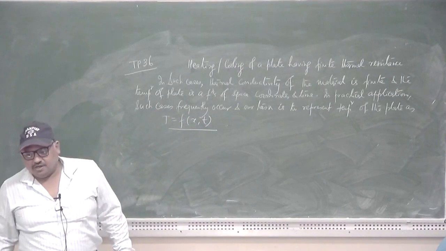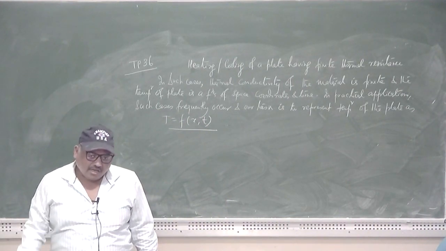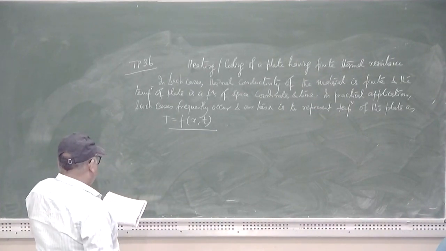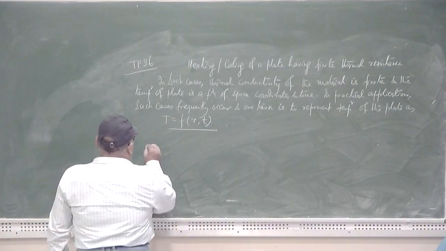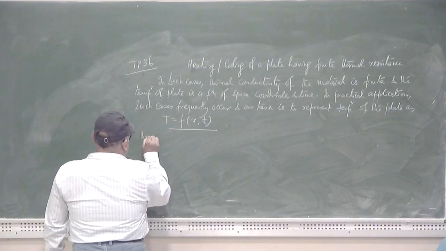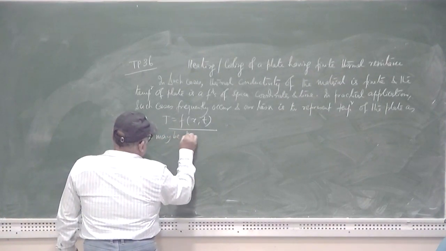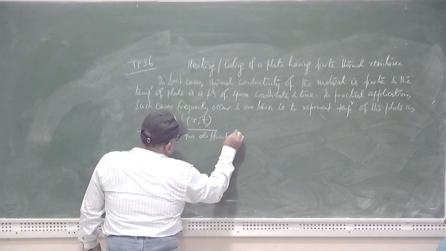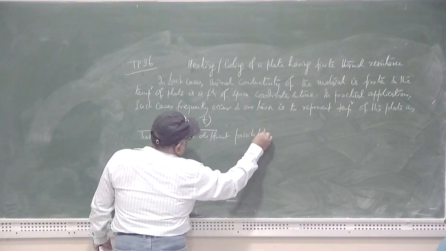T is equal to a function of x and t. So far as the practical applications of such cases are concerned, there may be two different possibilities. What are those possibilities?